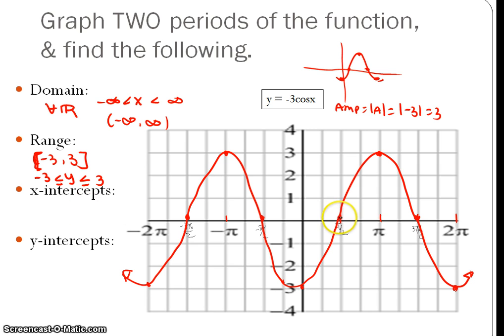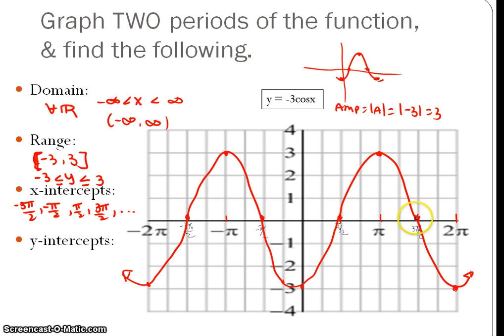The x-intercept is at pi over 2 and 3 pi over 2, and it's going to continue in that pattern, and then again at -pi over 2 and -3 pi over 2. So remember, the original function, when it has cosine of x, is going to have a period of 2 pi, which means it's going to have one entire u shape in the distance of 2 pi.